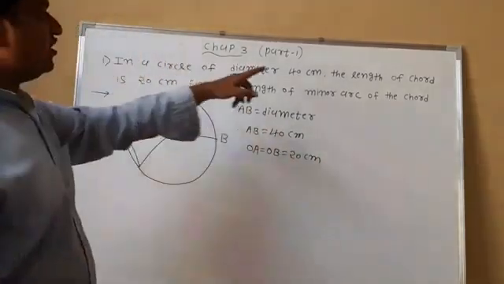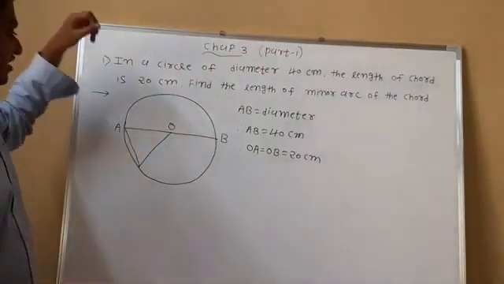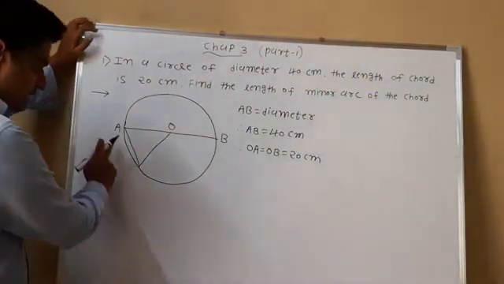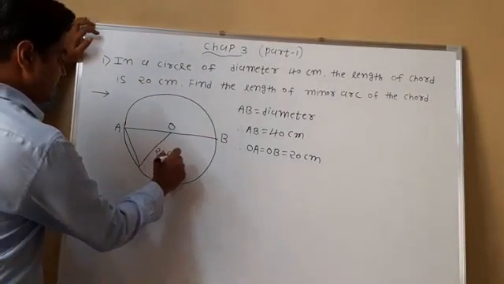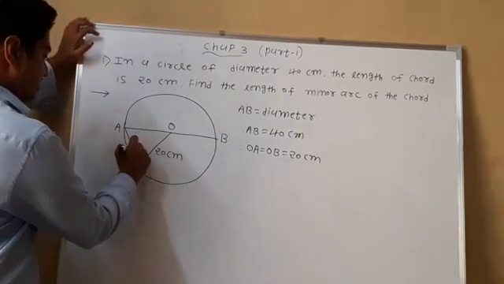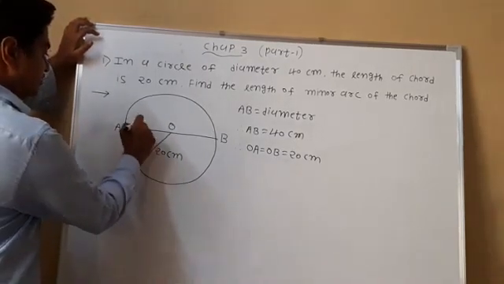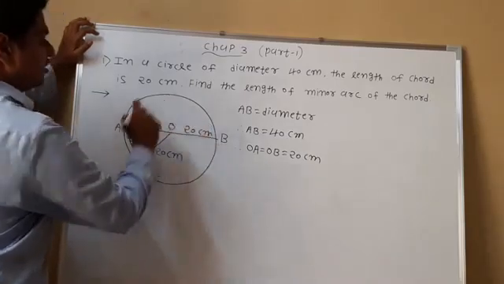Now also the length of a chord is given as 20 centimeter. So here the length of chord we can write 20 centimeter. Here we can write C. Here write 20 centimeter. Here also 20 centimeter.